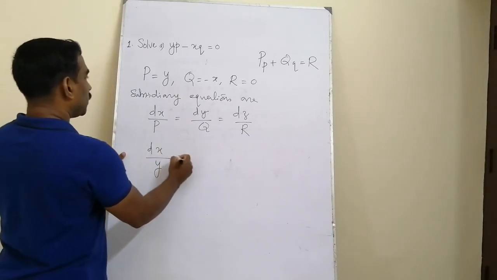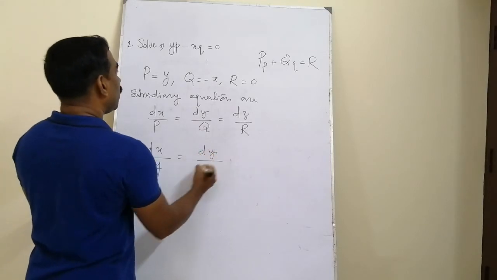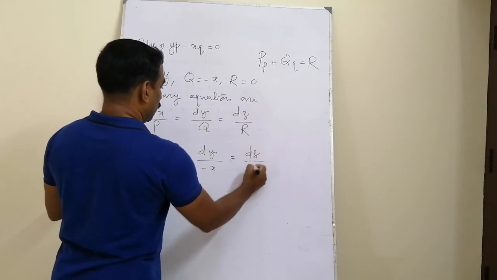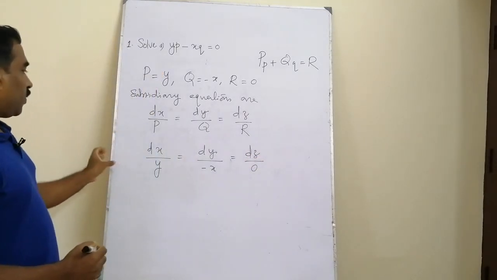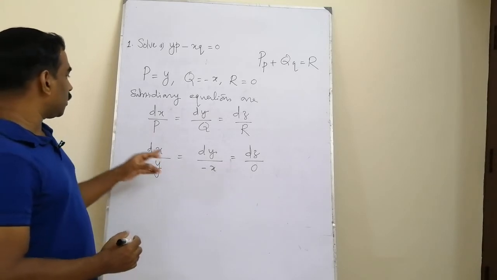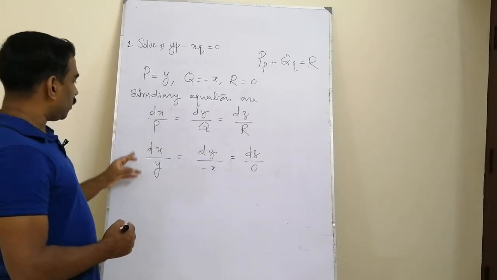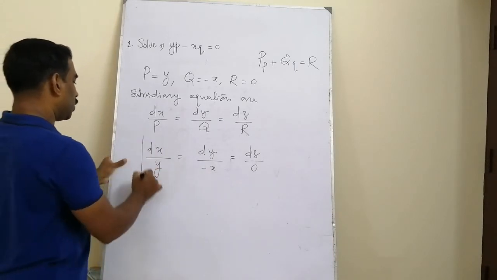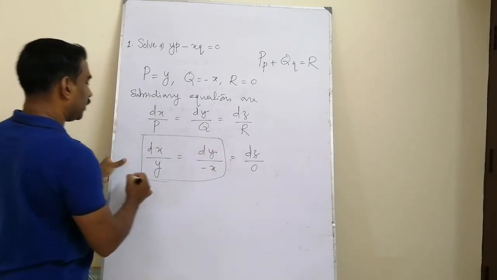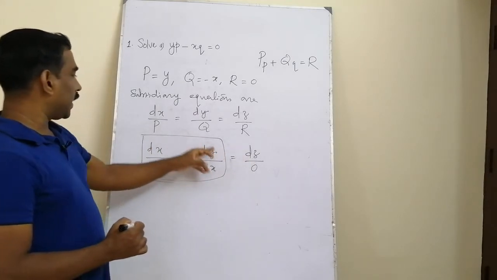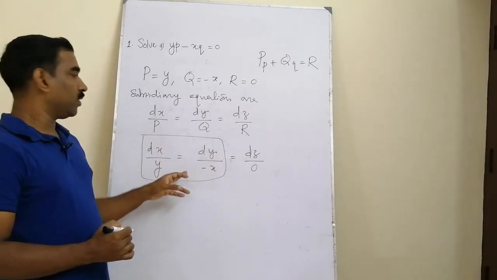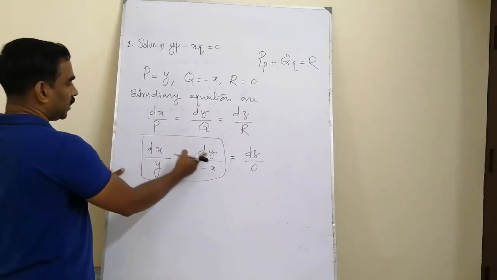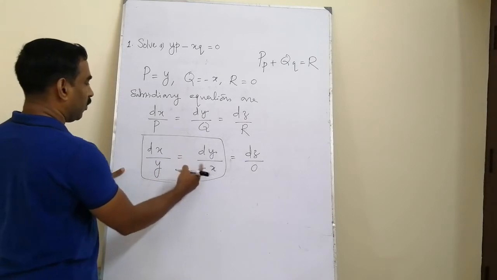P is y. dx by y is equal to dy by Q, that is minus x, is equal to dz by 0. And from these subsidiary equations, we can group the first and second ratio, because the first and second ratio is independent of the third variable. Here the third variable is z. The first and second ratio is containing only x and y. So we can form a separable equation. That means this is in separable format.